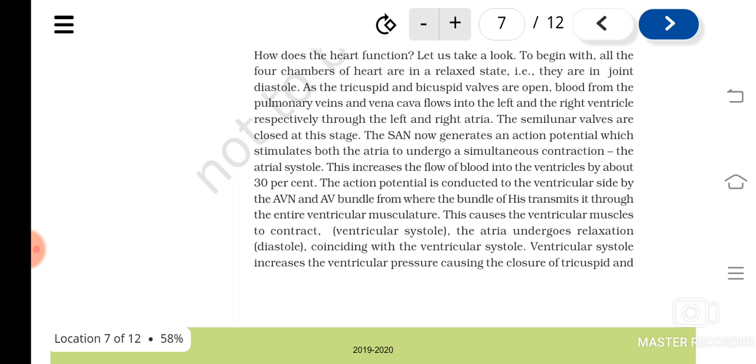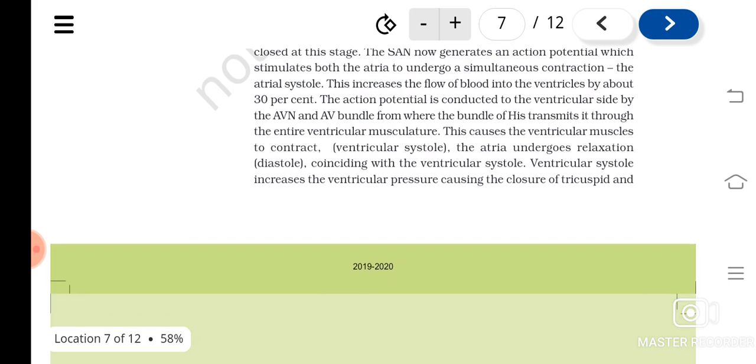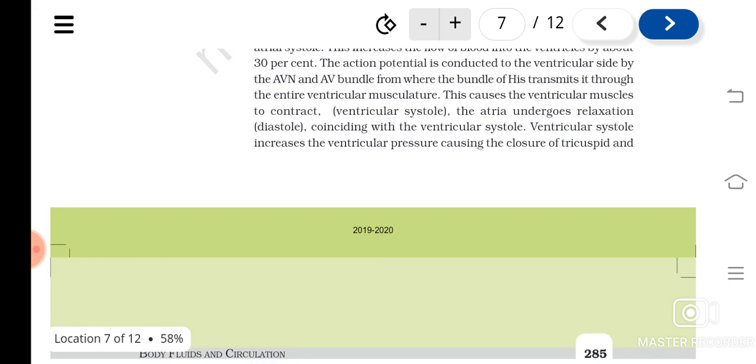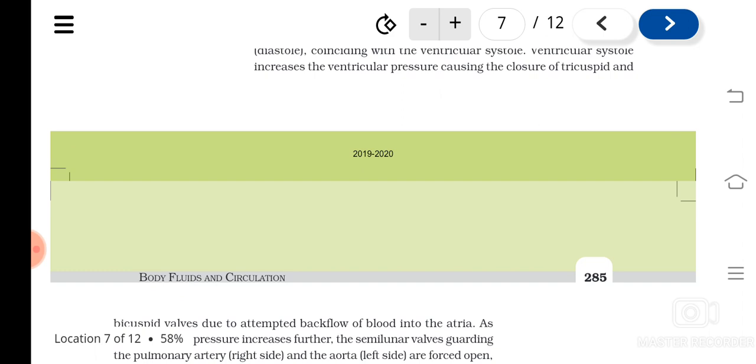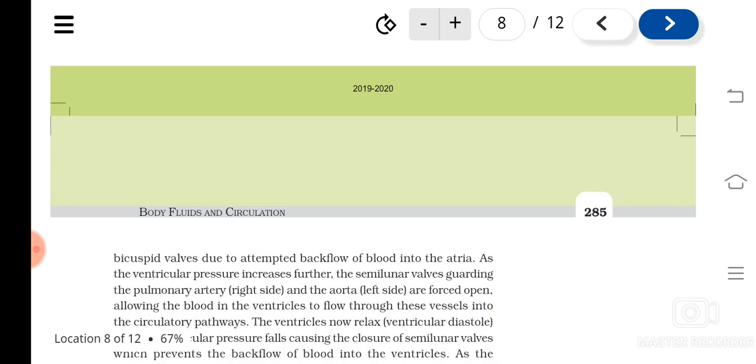Now the atria will undergo relaxation. That is known as diastole, and it coincides with the ventricular systole. Ventricular systole, the contraction of ventricles, causes pressure, and that closes the tricuspid and bicuspid valves. Otherwise there will be a chance of backward flow of blood.